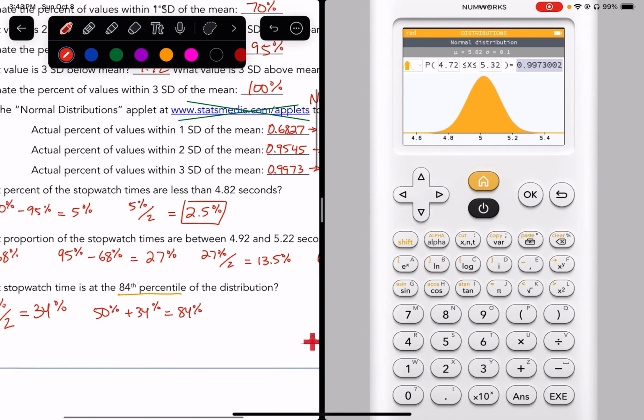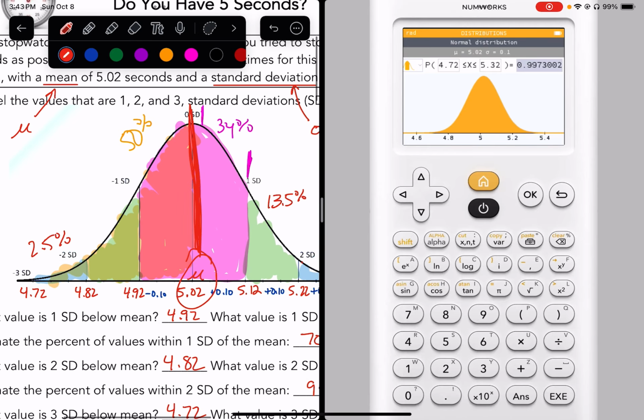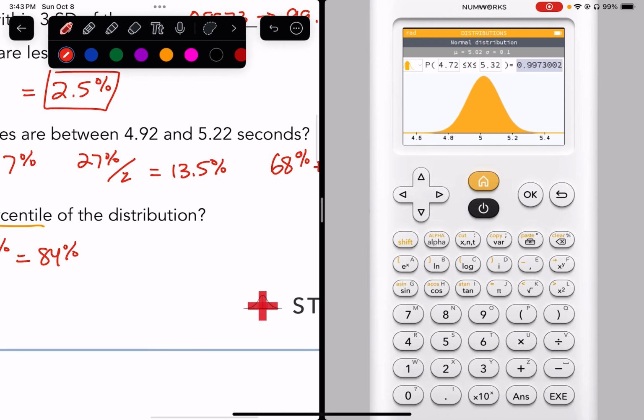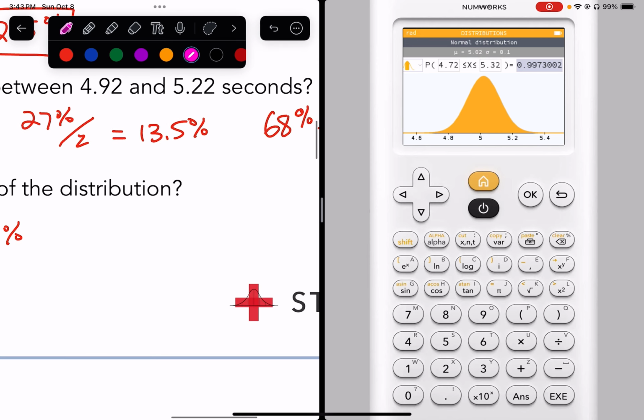So where was that 84th percentile? It was at the very end of my pink section here, which is right here at 1 standard deviation, or at 5.12. So the 84th percentile was at 5.12.